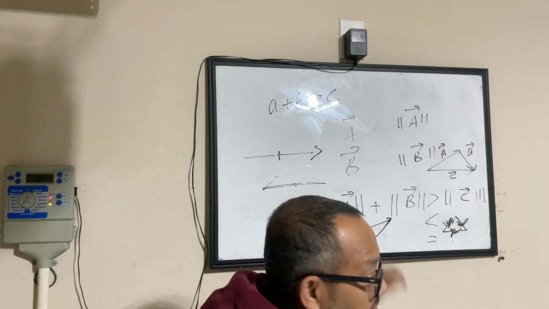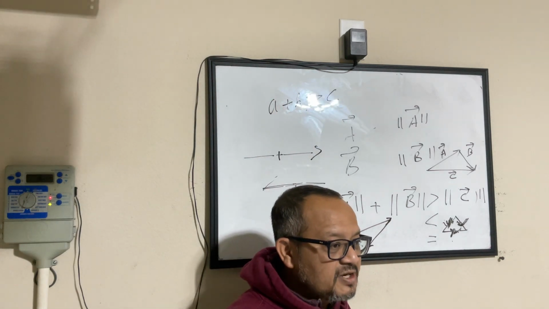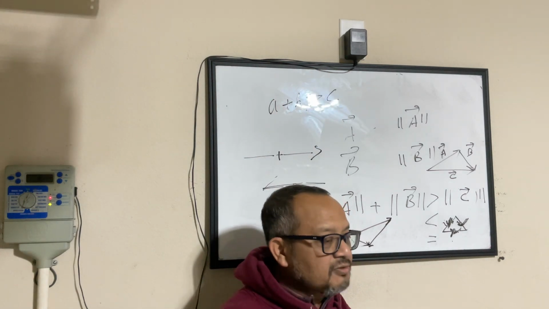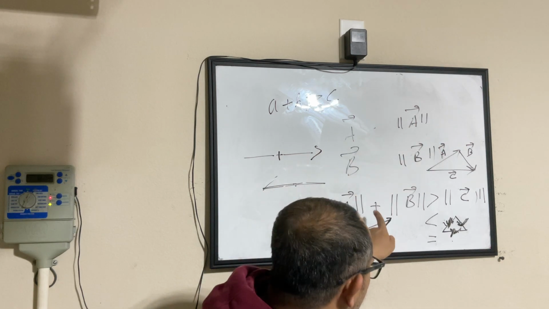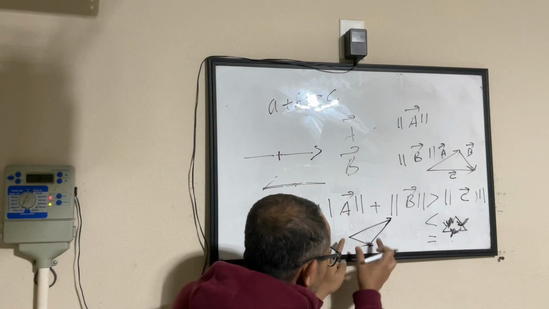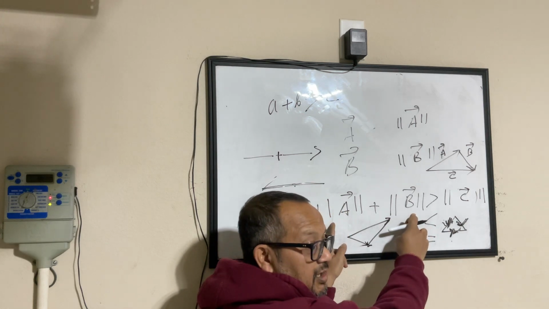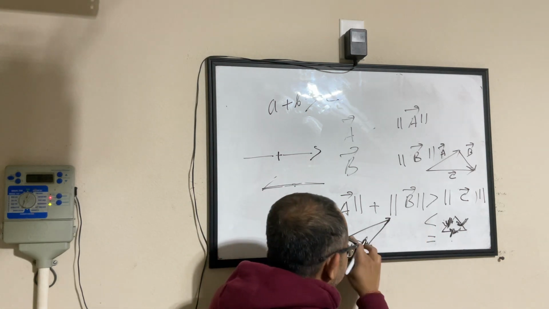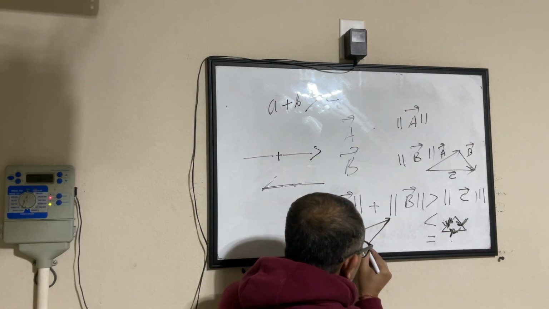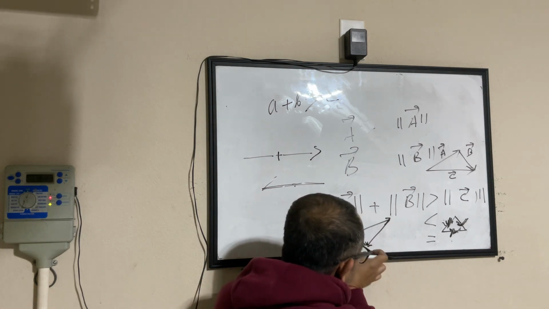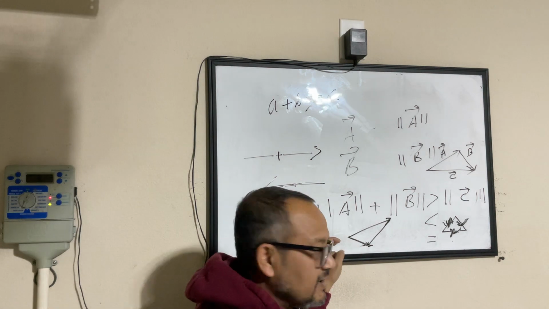No matter which one you are treating as A, which one you are treating as B, which one you are treating as C, the sum of any 2 sides has to be greater than the third side. So will be the case here. Now when you are adding two vectors, you are talking about essentially 2 sides, and the magnitude of the 2 sides has to be greater than the third side by default.